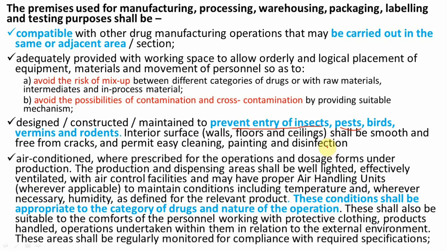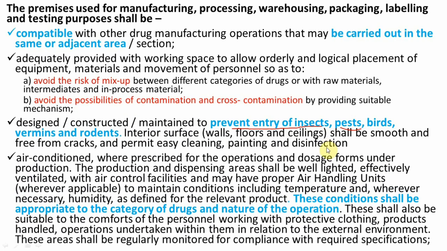Next is the air condition as prescribed for the operation and dosage form under production. These conditions shall be appropriate to the category of drugs and nature of the operation.